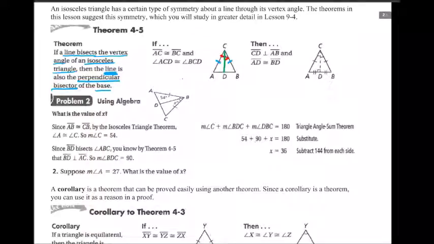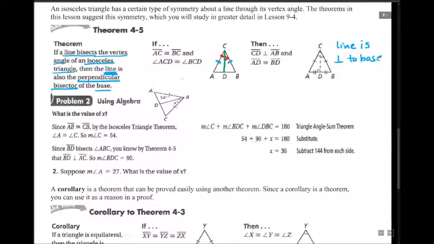Okay, so we have an isosceles triangle, and the line is the bisector of the vertex angle. Then the line is perpendicular to the base and bisects the base.